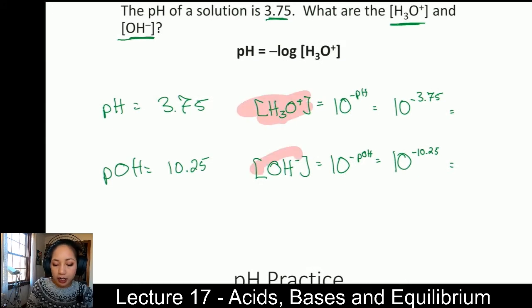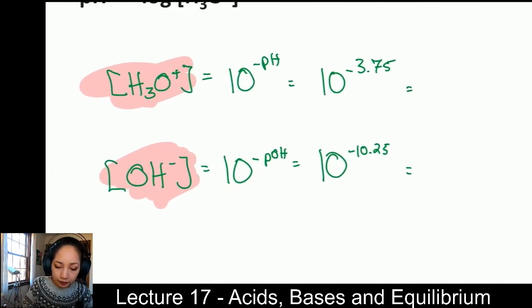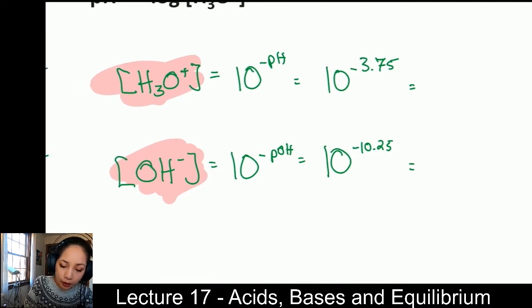This is what I mean by, as long as you know one of the concentrations of hydronium or hydroxide or one of the pHs or pOHs, you can calculate the other one. And so our answers here, and I'll remind you of sig figs. In pH, remember it's only the decimal places that hold significance. So each of these values only has 2 sig figs. So our molarity should have 2 sig figs.